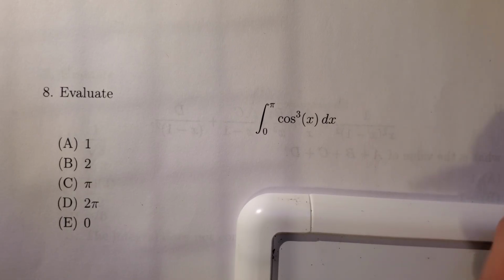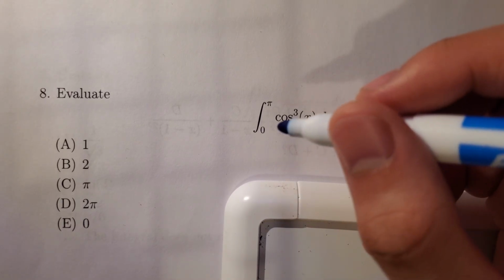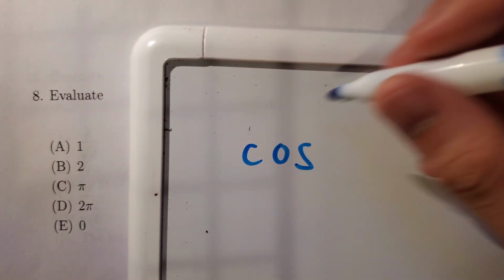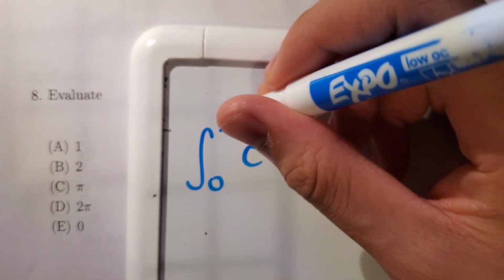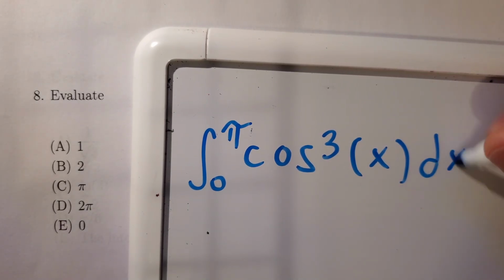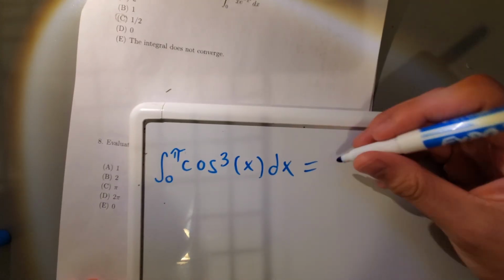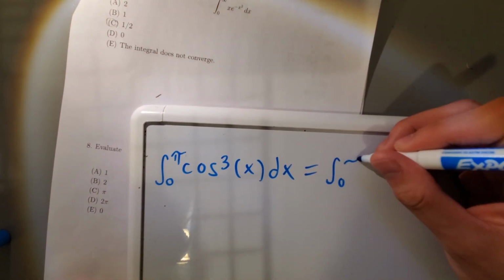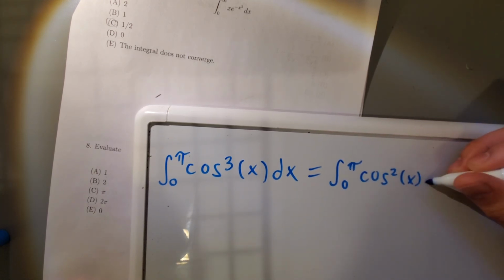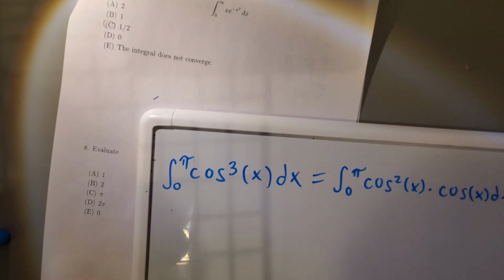This is no different. The first thing you can do with cosine cubed of x is split that up. So let's write the integral here real quick. You can split this up into the integral from 0 to pi of cosine squared x times cosine of x, and go from there.